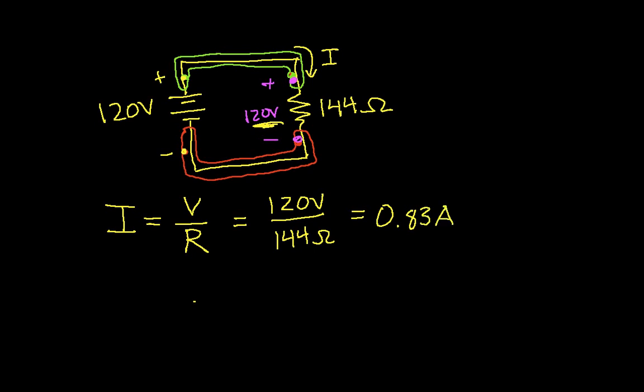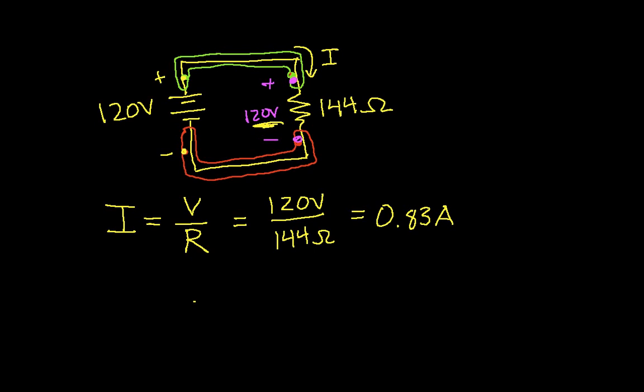So Ohm's law again tells me that because I have a resistor with a resistance of 144 ohms, and I put a voltage of 120 volts across it, this is what the current is. And the voltage source will do whatever it has to do to make sure that the voltage across the resistor is 120 volts. In this case, what the voltage source has to do to make that happen is supply a current of 0.83 amps. Okay, so that's pretty much computations of voltage and current.